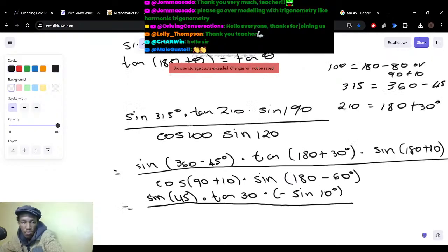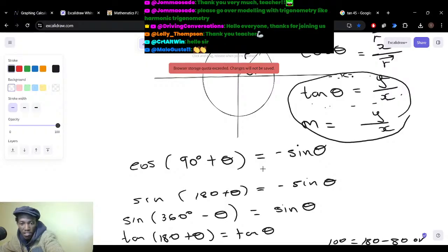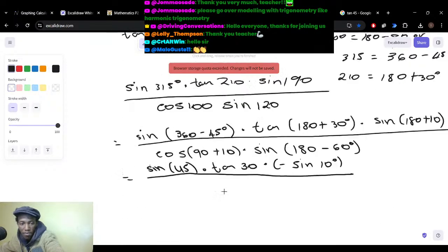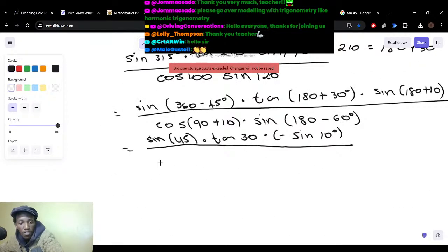So here we know cos of 90 plus theta is equal to minus sine theta. Theta in this case is 10 degrees.